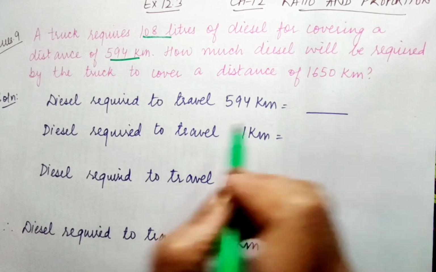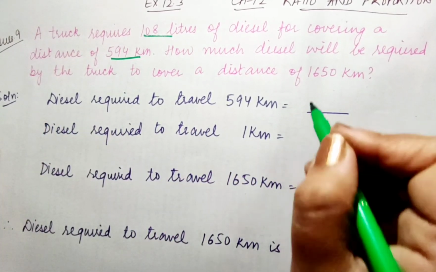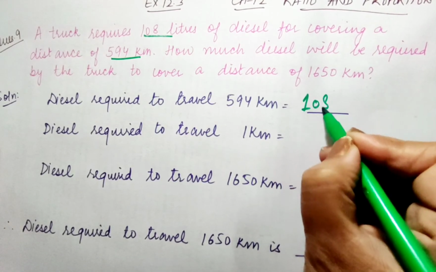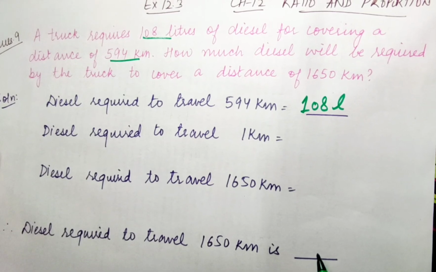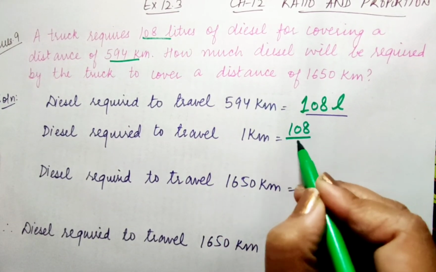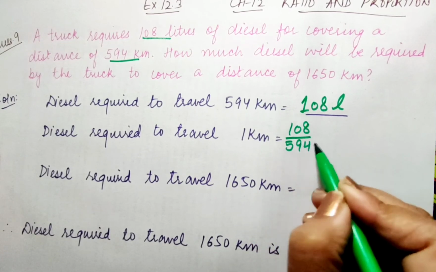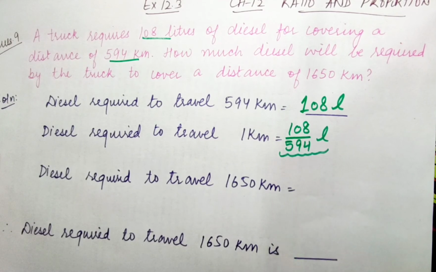Okay, so statement will be like this: diesel required to travel 594 kilometers, that is 108 liters. Okay, so diesel required to travel 1 kilometer will be what? 108 divided by 594. This is the diesel required to cover 1 kilometer.